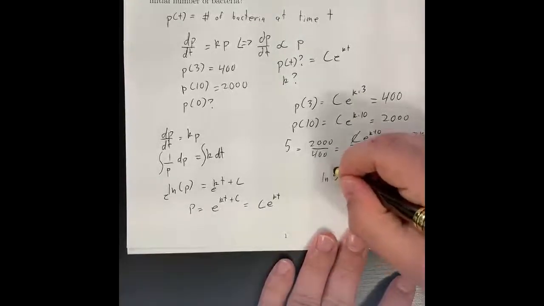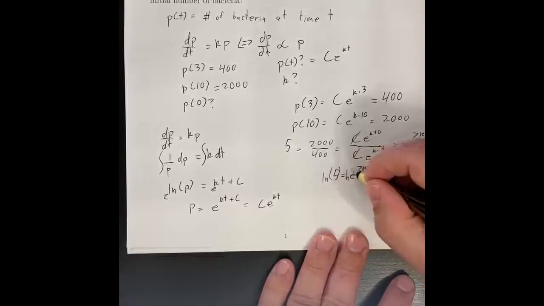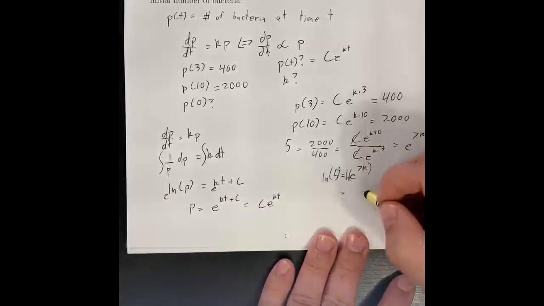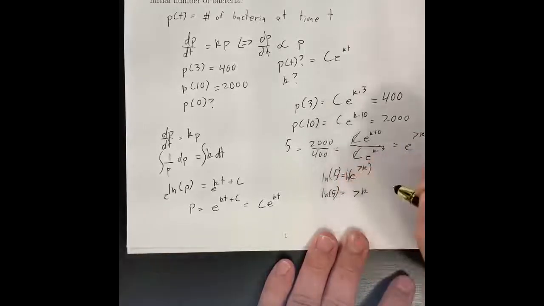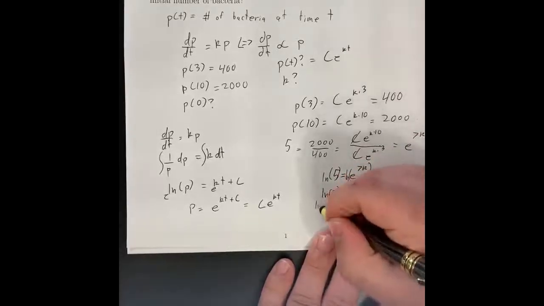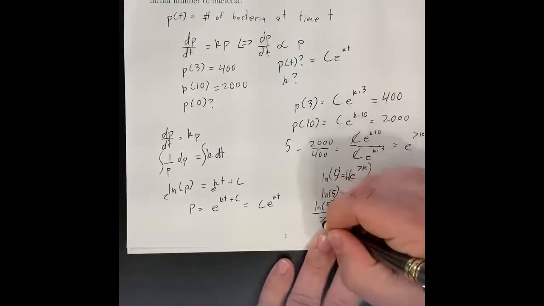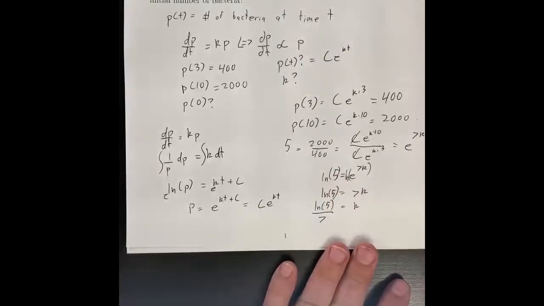Take the natural log of both sides. That cancels out the e, so we have 7k equals natural log of 5, so k is natural log of 5 divided by 7. Okay, that gives us our constant k.